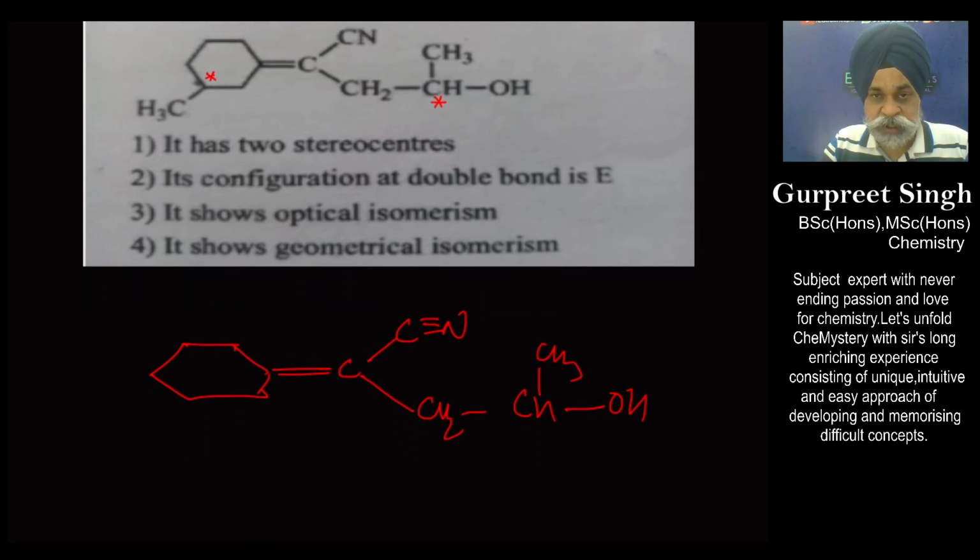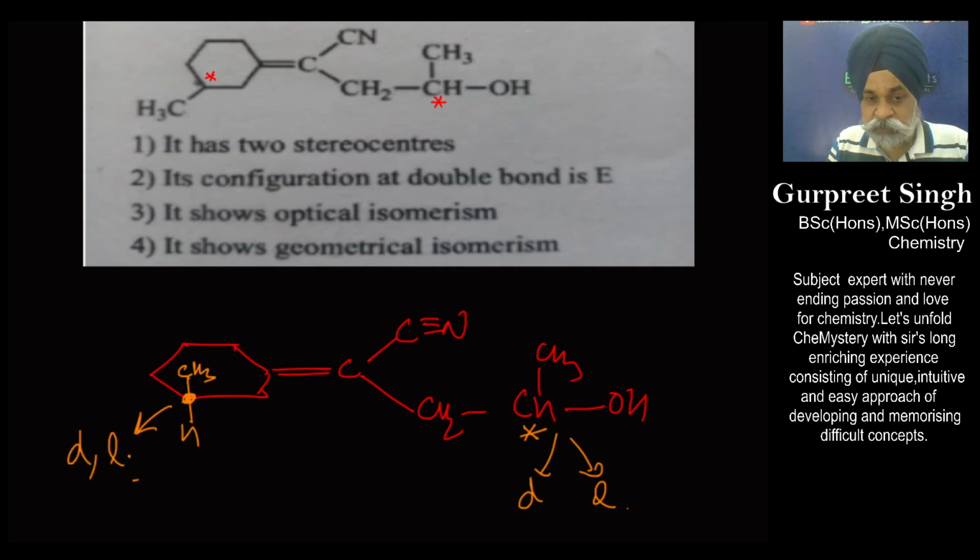It is easy to explain here that this is a stereocenter because it can show dextro and levo. If I show it like this with CH3, you can see this is chirality. This is also having a chiral carbon, so it can also show dextro and levo, D and L. Along with it, looking at this double bond, geometrical isomerism is possible when doubly bonded carbon atoms are attached with a non-identical set of atoms or groups of atoms.